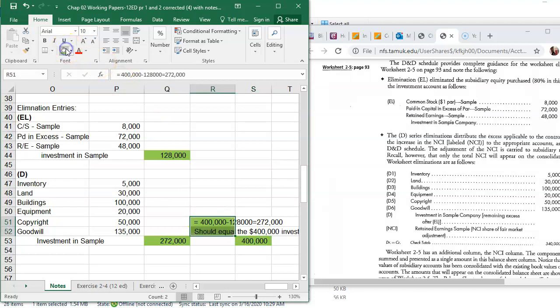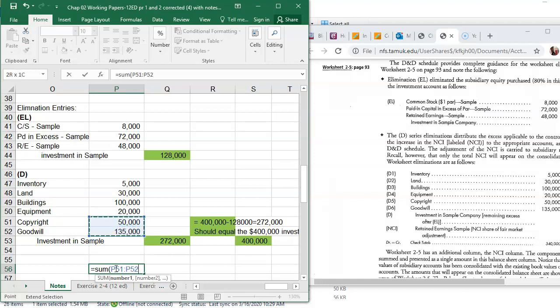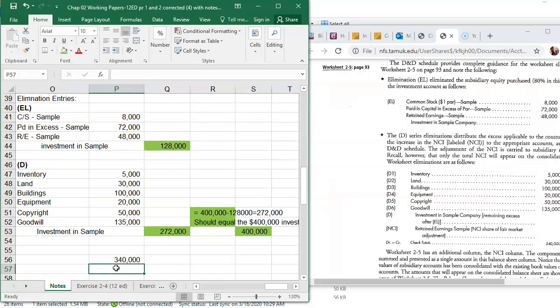Let me call that green. But my entry right here is not balancing. I'm having issues, I'm really sorry.